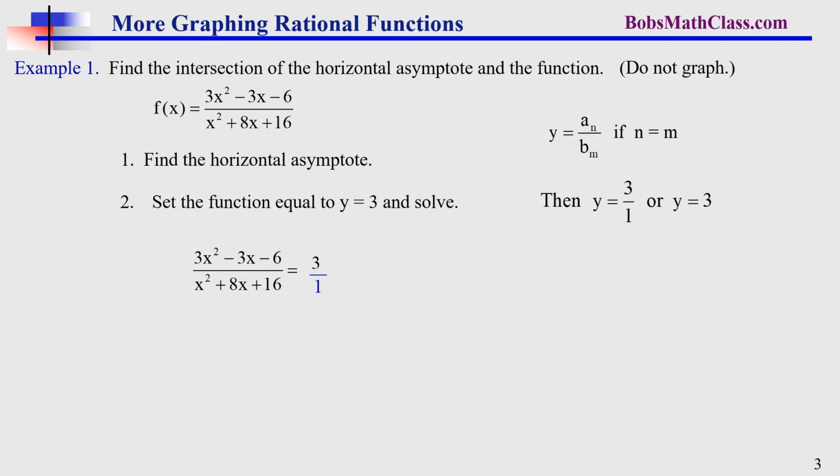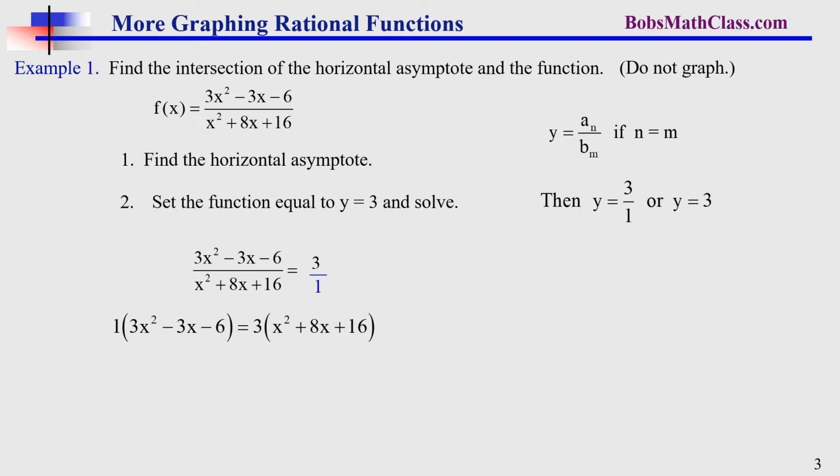Or you could multiply both sides by the LCD, which is x squared plus 8x plus 16. Either way you get the same result. So cross multiplying, I'm multiplying 3x squared minus 3x minus 6 times 1 on the left, and then 3 times (x squared plus 8x plus 16) on the right. That's called cross multiplying.